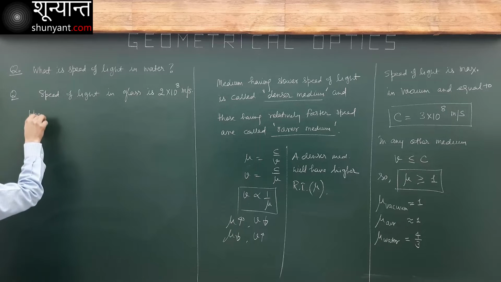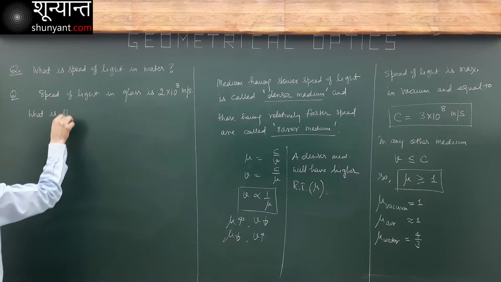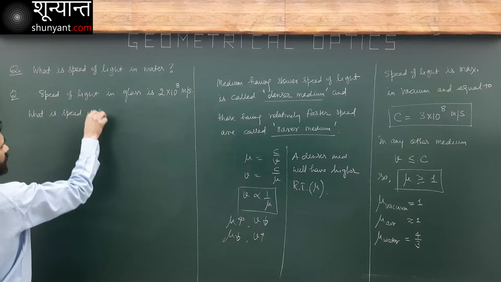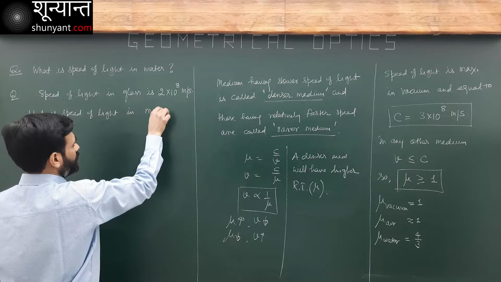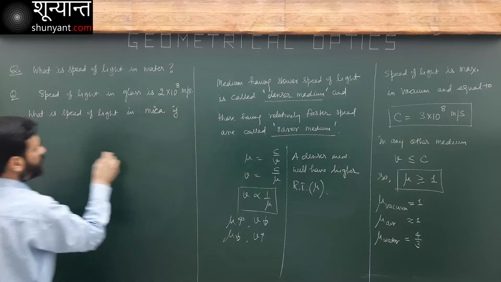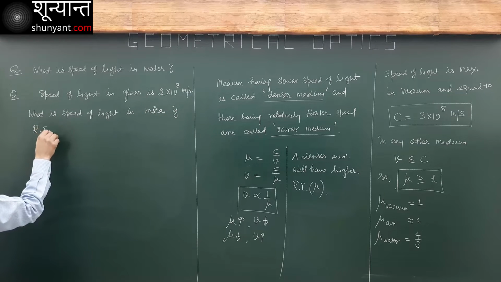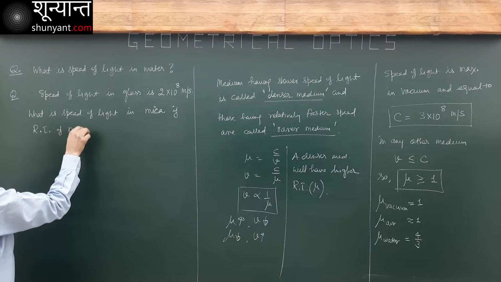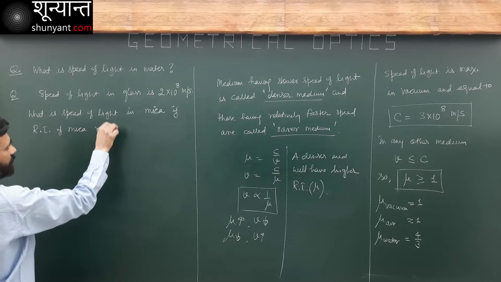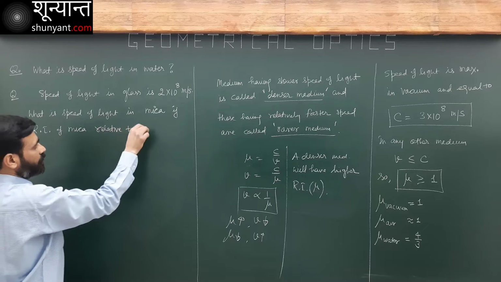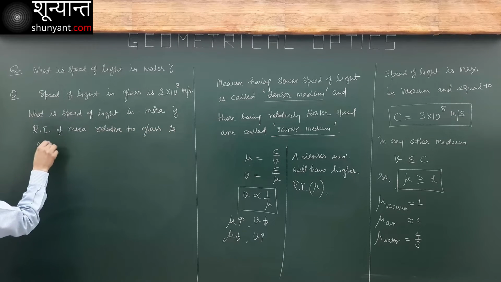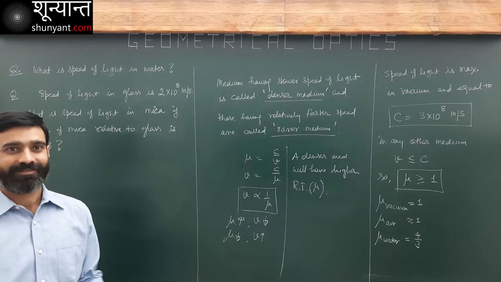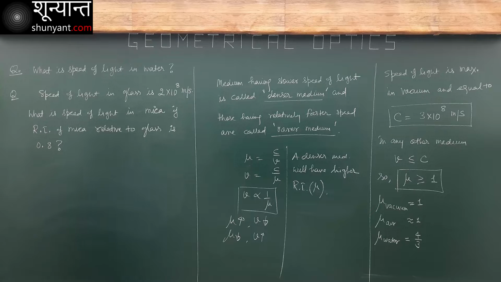What is the speed of light in mica if refractive index of mica relative to glass is 0.8? Look at these problems. Very simple problems.